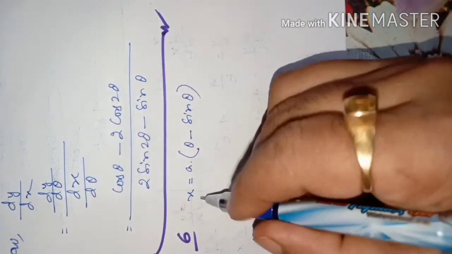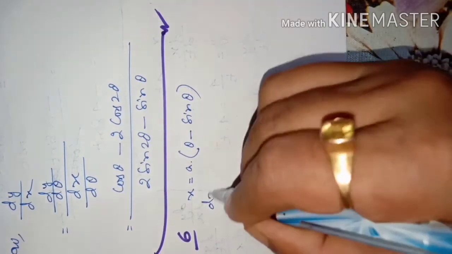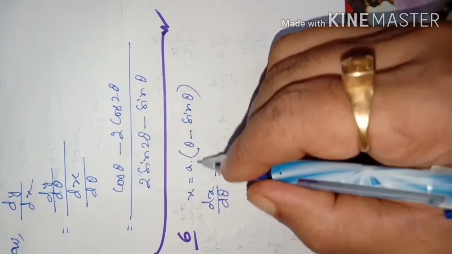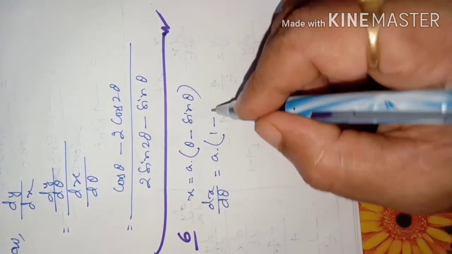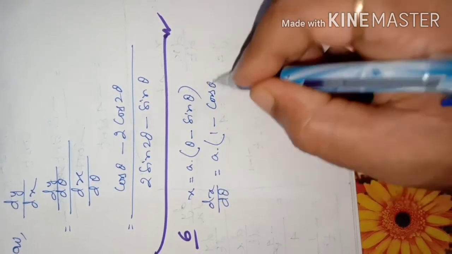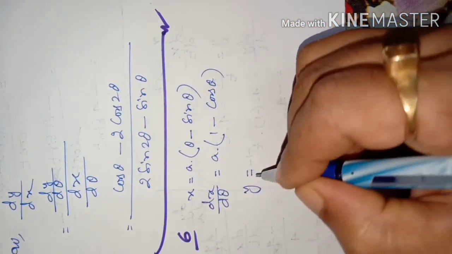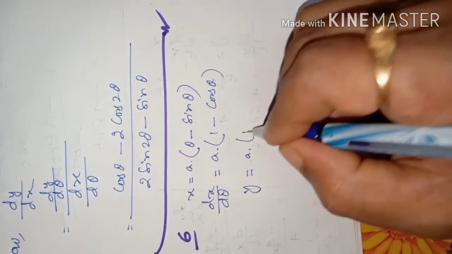From here, x equal to a into theta minus sin theta. So dx by d theta is equal to a into theta's derivative is 1, minus sin theta's is cos theta. Again, y is given as a into 1 plus cos theta.